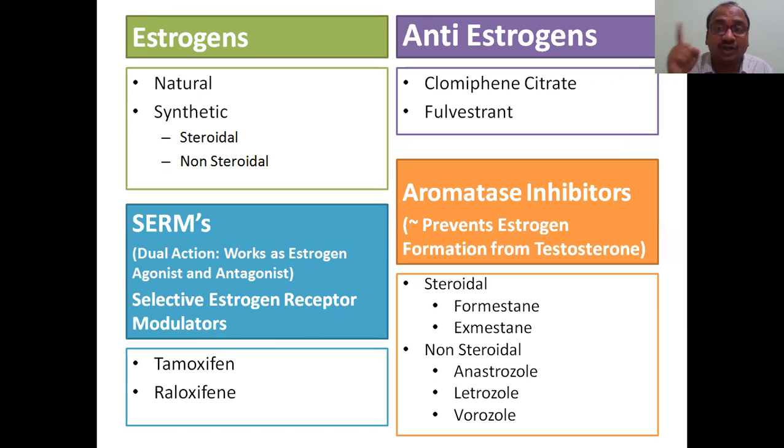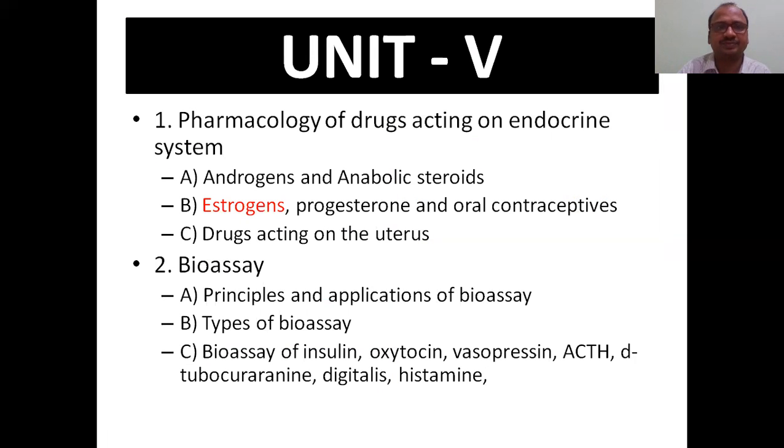Whenever estrogens do bad to our body, it goes and works as an antagonist for the estrogen. Overall, the main goal of the SERMs is to do good for the body. That I will take in a separate chapter. In this video, we will see only the first part, estrogen, not the anti-estrogens, aromatase inhibitors, or SERMs. I am making a separate video. That video you can watch in the playlist.